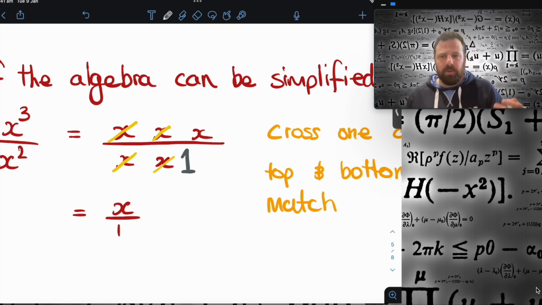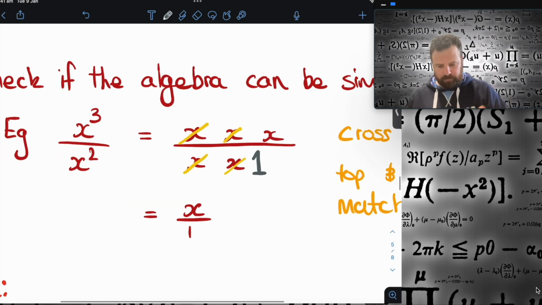So coming back to it, I've crossed one out from the top and one out from the bottom if they match. Look again if there's another matching pair, cross them out. And remembering that x times x times x was x cubed, and x times x was x squared. Remember earlier, I said don't worry about the powers. We're going to leave the powers till the very, very end.